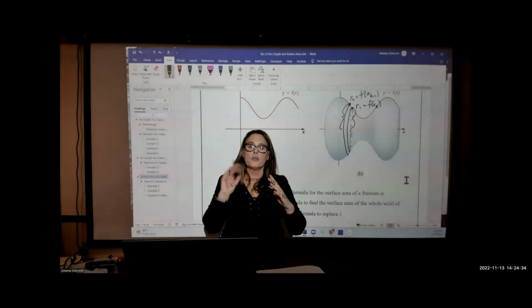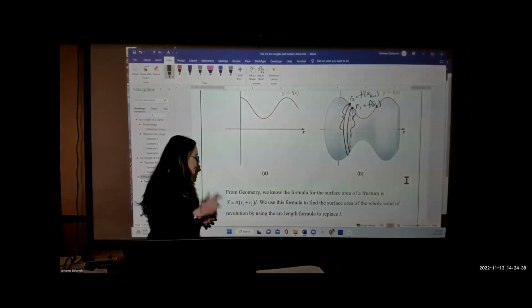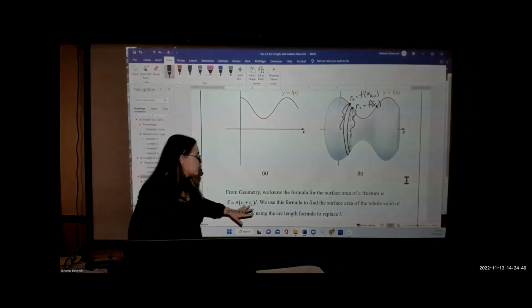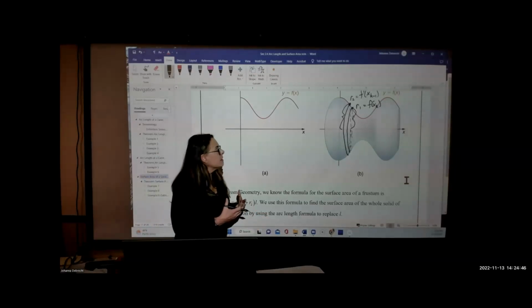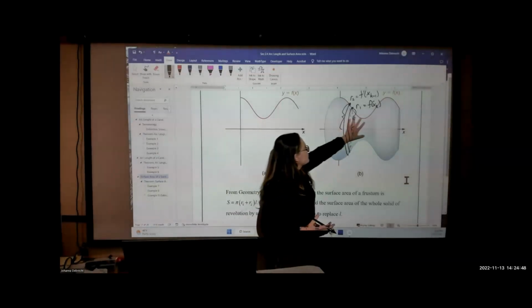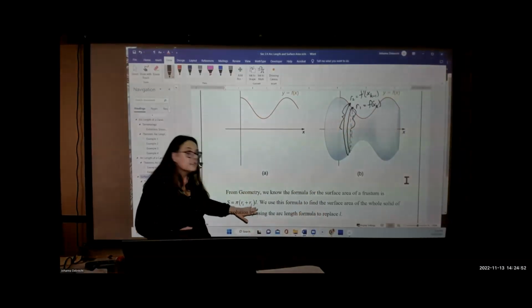So if you want to take your yogurt cup and you want to paint it, that's what you need in order to paint it. So now what we're going to do is take this formula and create something that will approximate the surface area of this solid of revolution.